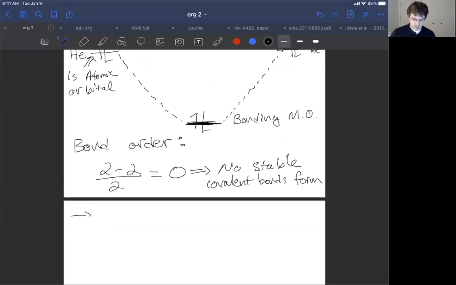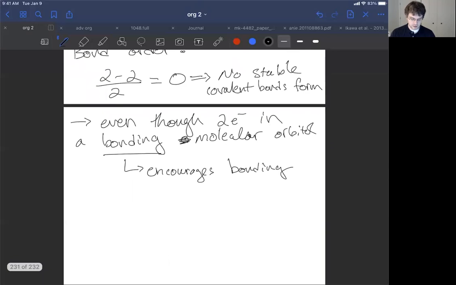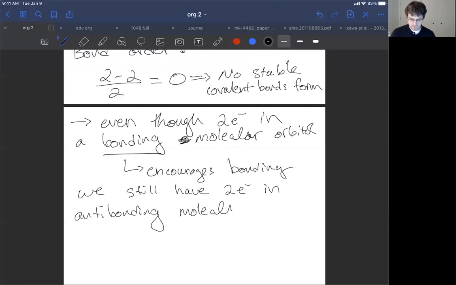So what's happened here is, even though there are 2 electrons in a bonding orbital, and the bonding molecular orbital encourages bonding, we still have two electrons in the anti-bonding orbital, which discourage bonding.